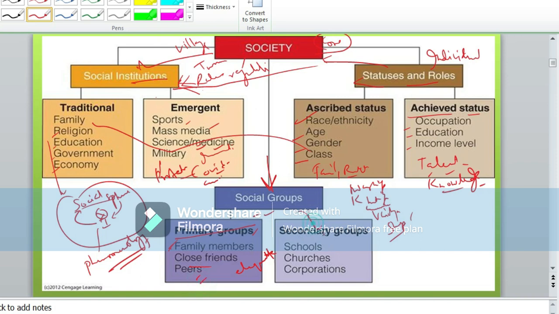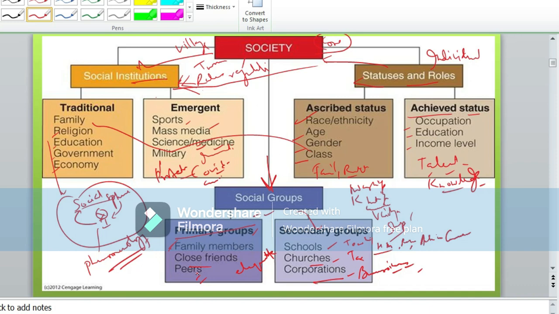Then the secondary group will be there, who will teach you how schools are working, who is the headmaster or the principal, how to take part in co-curricular activities, how churches are working to collect tax, corporations are working to run business firms. These are all forms of social groups.